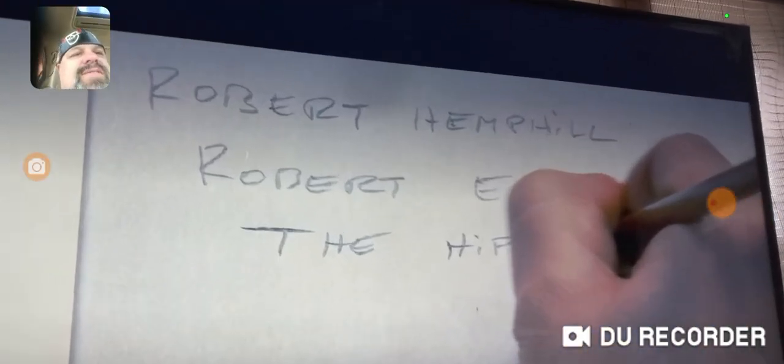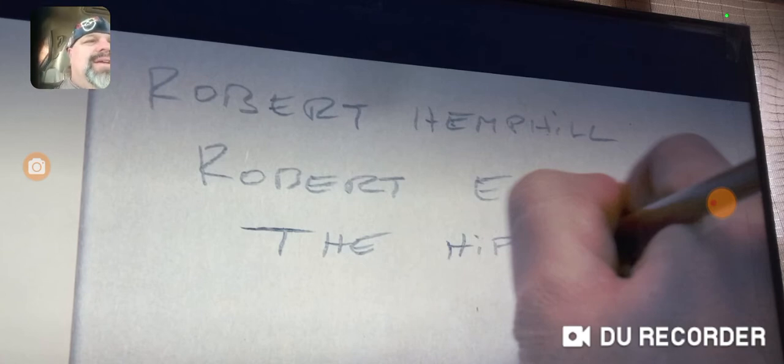So this kid, this cartoonist, starts trying to write out maybe a Hemphil, Robert Hemphil, maybe names. I couldn't get this word, and I forget how it was spelled, but he wrote out another name, and then he wrote out the hippie in the bottom one.